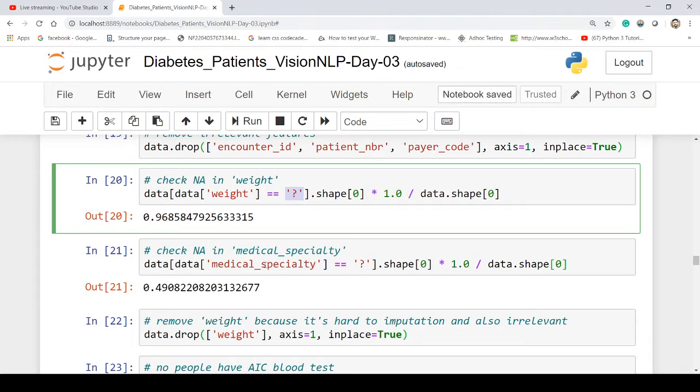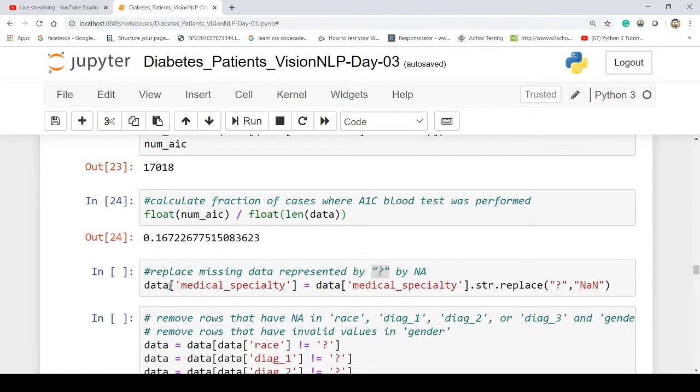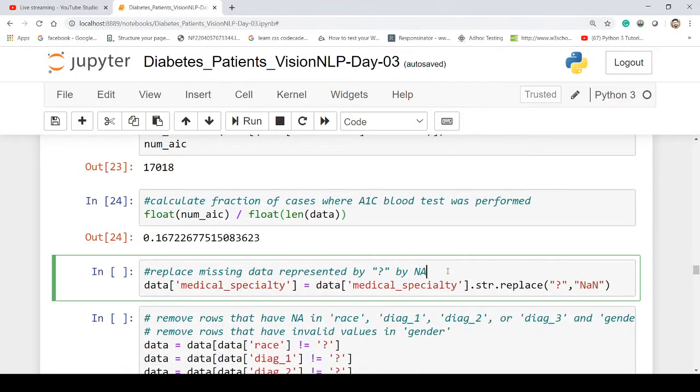But in my medical specialty I have around 49% missing. The rest 51% we can still work with. So what we can do is replace it with NA: data medical specialty dot str, because it's string, and replace this with NaN value.